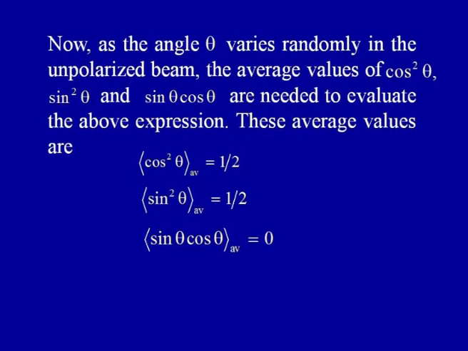These average values are, for cos square theta the average value is half, for sin square theta again the average value is half. You see, these averages are taken over a complete cycle. Then the average value of sin theta into cos theta again over a complete cycle is 0.